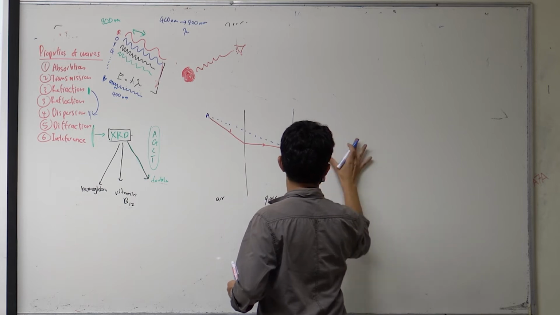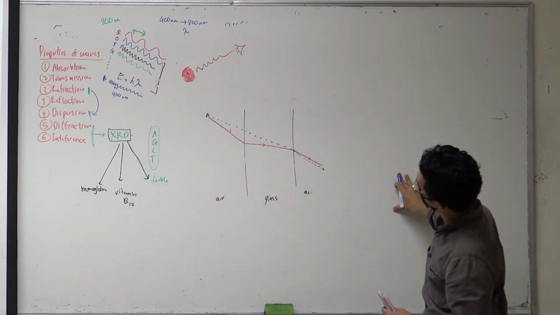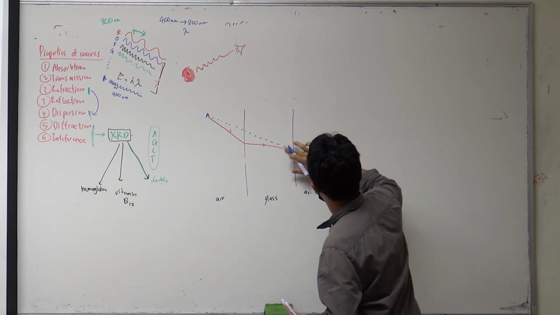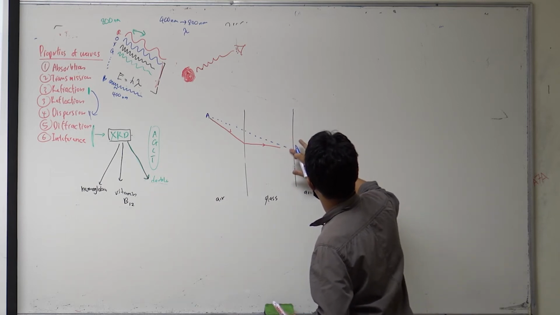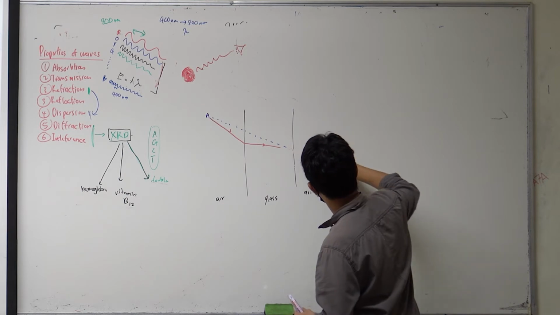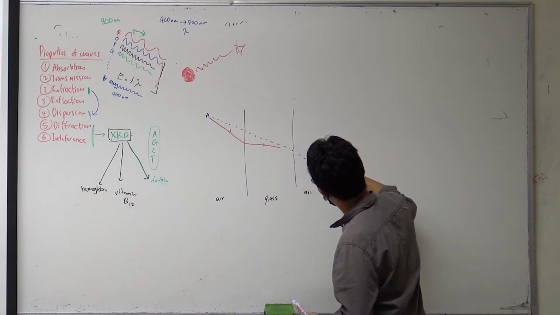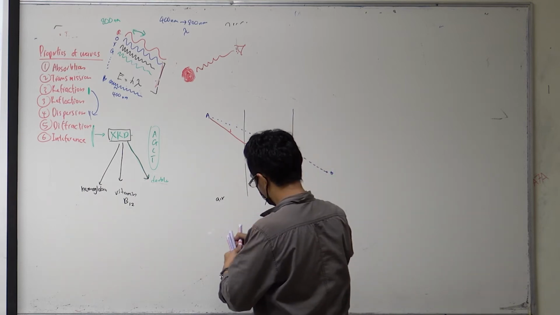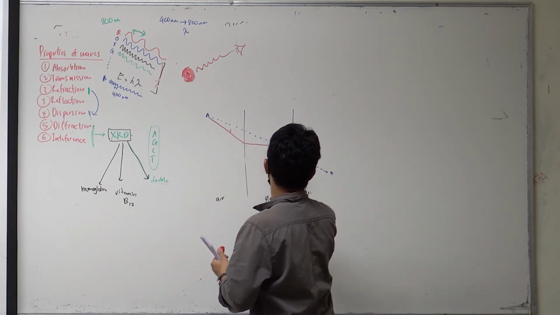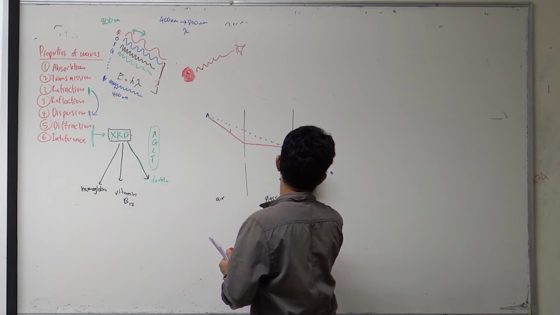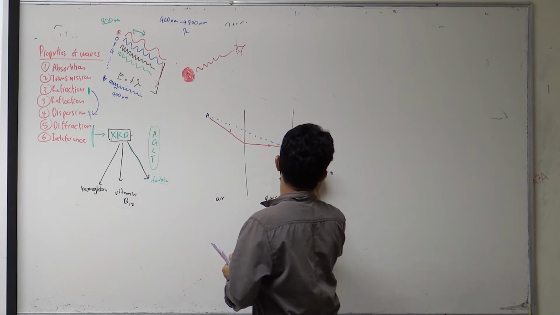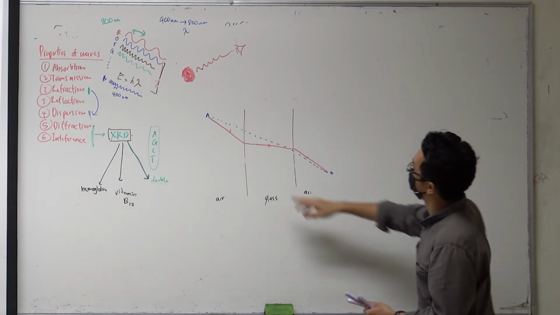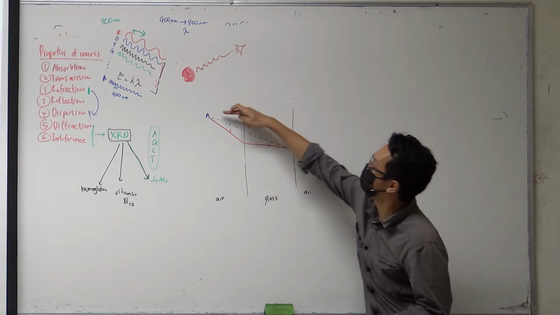So this will be B, and then this light, normally they bend something like this, and then something like this. So roughly that's the idea. Meaning that the light bends here, it does not go along the straight line.